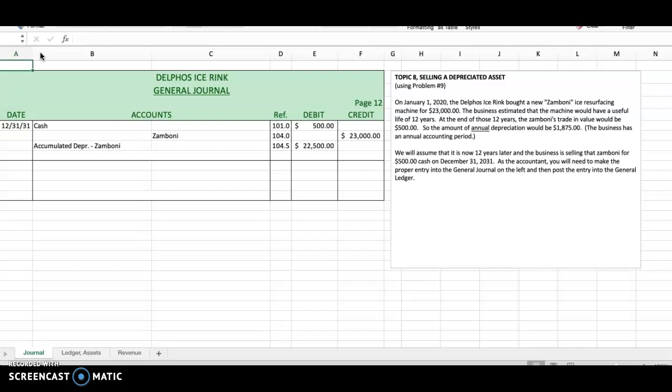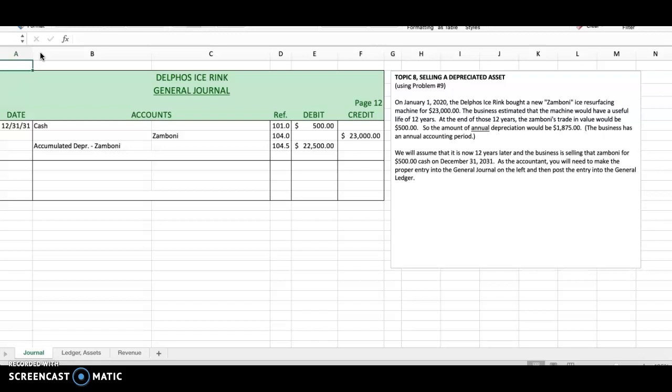We made it very simple because we sold this Zamboni for the trade-in value or the salvage value that we expected 12 years ago, and we waited till the very end of the 12 years to make this sale, so it was relatively simple. In the real world, you may trade this Zamboni in at any time, obviously. Maybe you decide after 10 years we want to get rid of it and get a new one. Maybe after 5 years you want to do that.